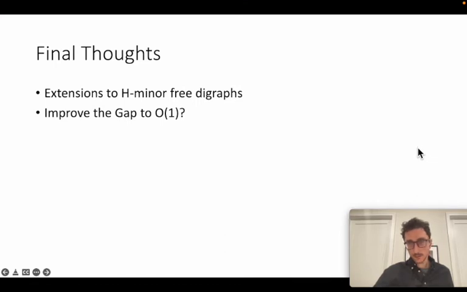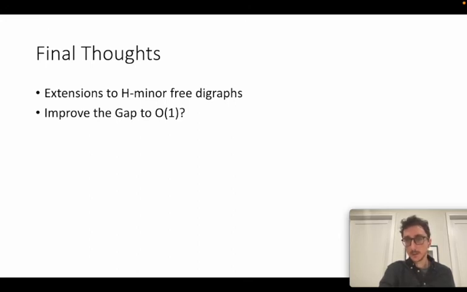All right, so let me conclude with some final thoughts. So this is the first polylogarithmic approximation algorithm for any class of directed graphs of super constant tree width. Our techniques extend to the H-minor-free case, although this is not included in the paper, but it will be follow-up work.